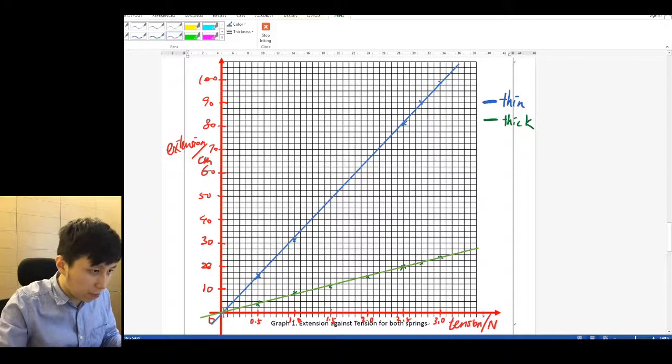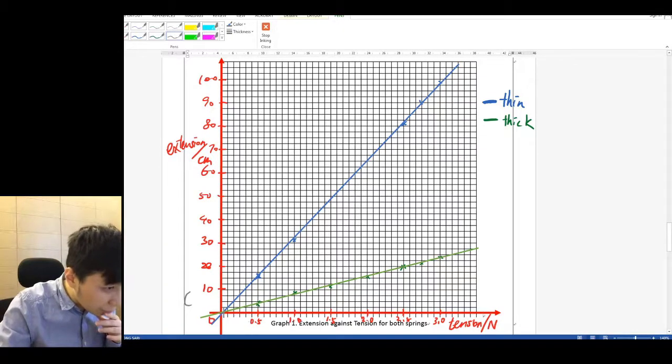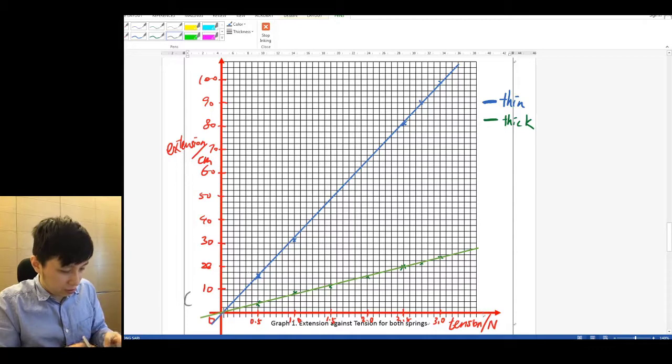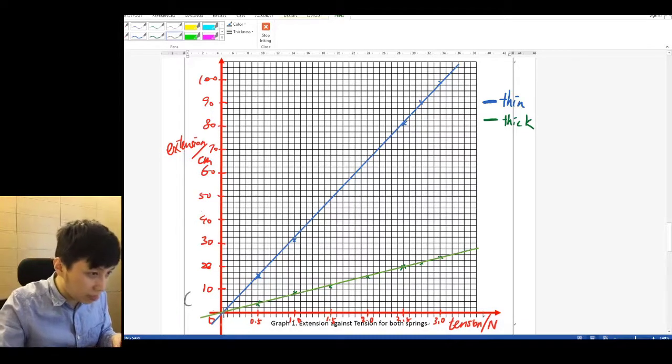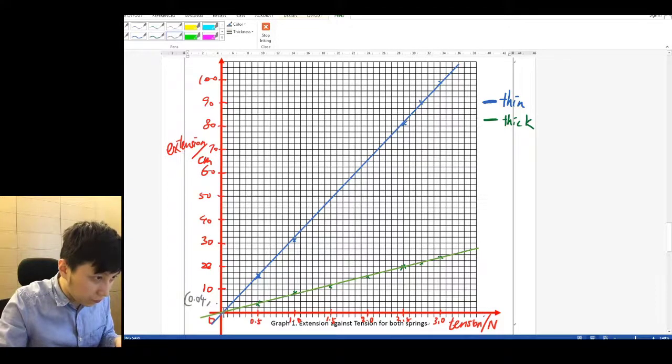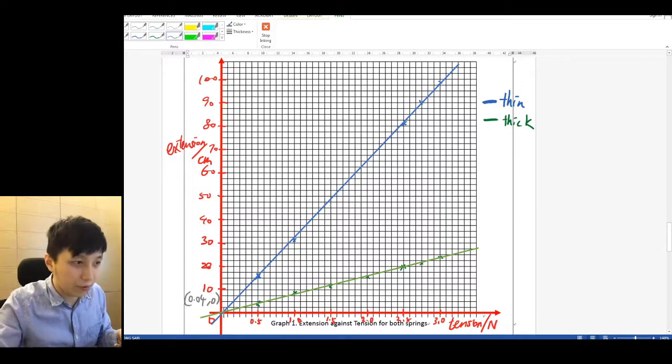I would say the first data point is not really 0, 0. It is 0.5 divided by 6, and then divided by 2 again. So this is like 0.04 and 0. This is the first data point.